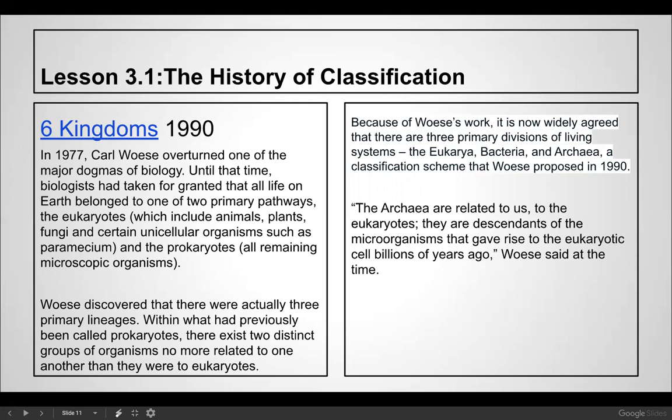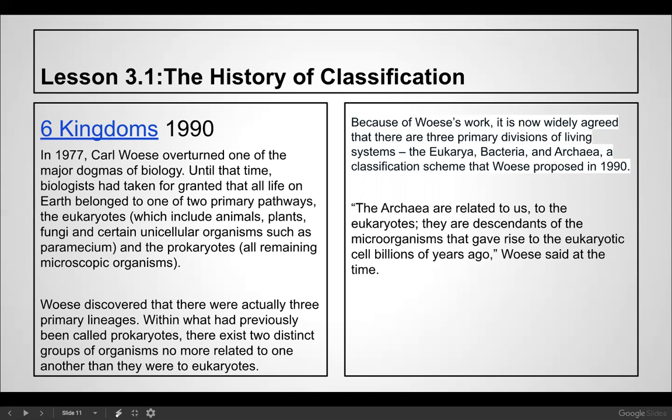What was discovered? That there are actually three primary lineages. What had previously been called prokaryotes are actually two distinct groups of organisms, no more related to one another than either is to eukaryotes.